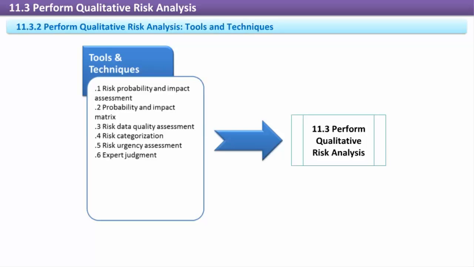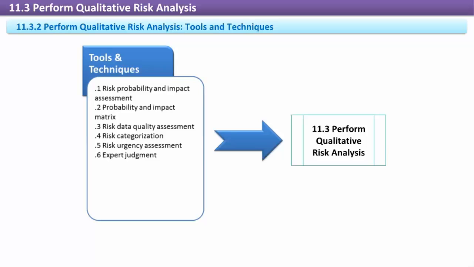To help in prioritization or ranking, risks can be categorized in any useful method, such as by deliverable, phase, objective, or technology. Risk urgency assessment. Qualitative analysis may uncover risks that are imminent. These may need to be fast-tracked into subsequent risk processes for immediate attention.